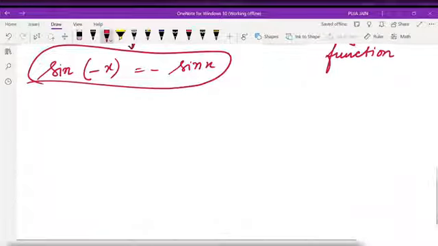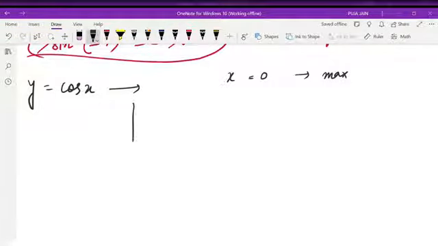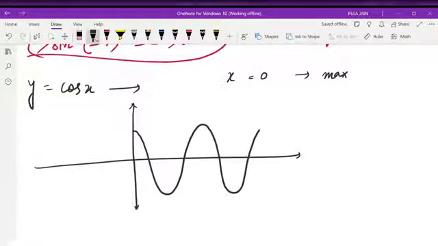Now let's go with y equals to cos x. Now you see again we know for cos x at x equals to 0, cos x is having its max value, that is plus 1. Now suppose this is our graph. So we will start from here and the graph will go in this way, and we will start from here and our graph will go in this way.